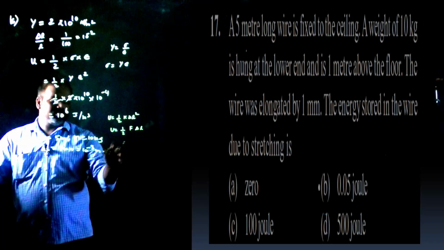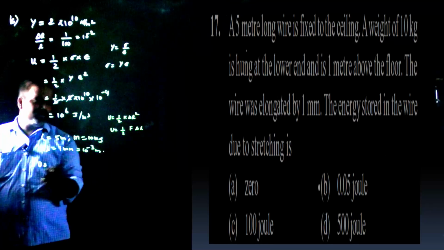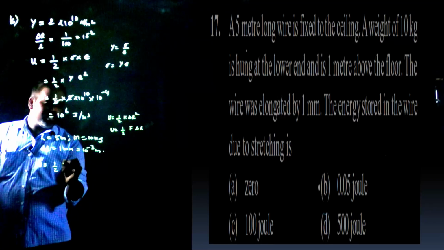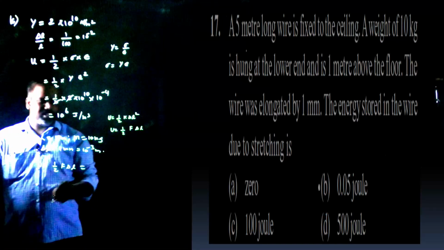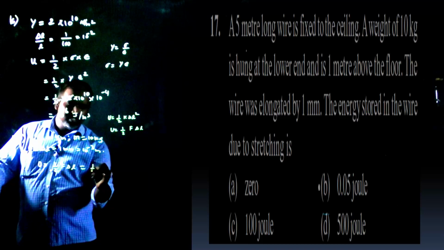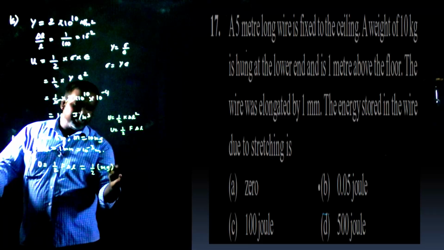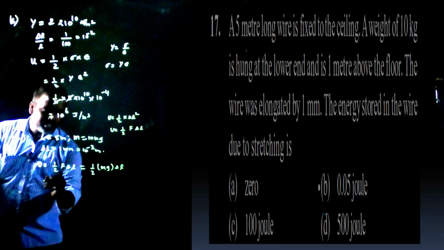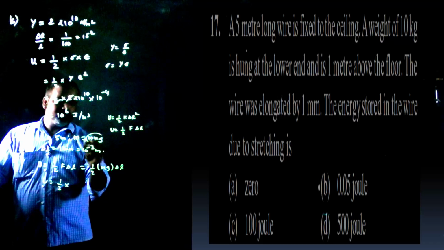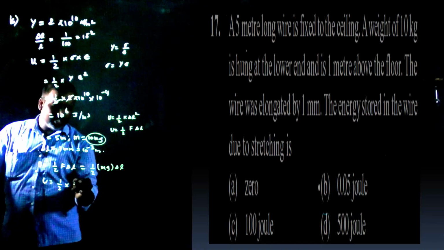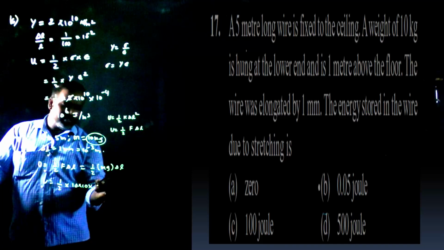Which formula we select is decided by the given data. So I can go for half F into delta L. Here F is nothing but the weight, so F is M into G. So U is equal to 1 by 2 into M G delta L, with mass 10 kg, so 10 into 10 is 100, and delta L is 10 to the power of minus 3.